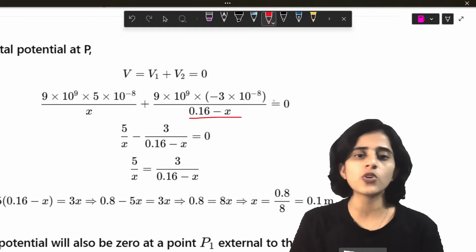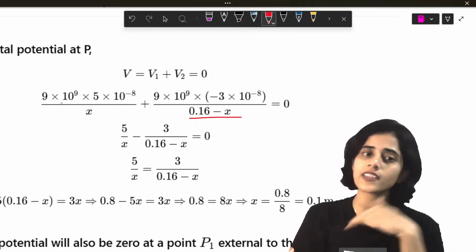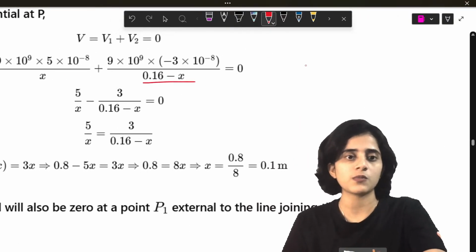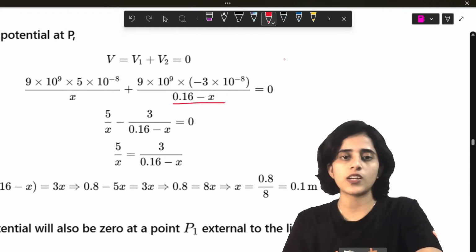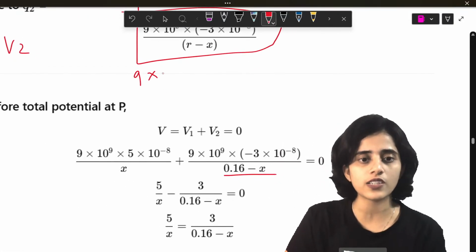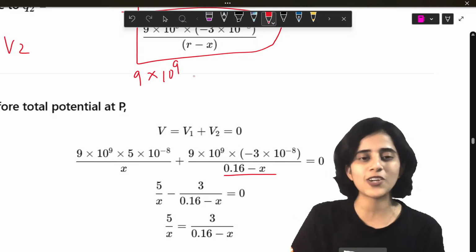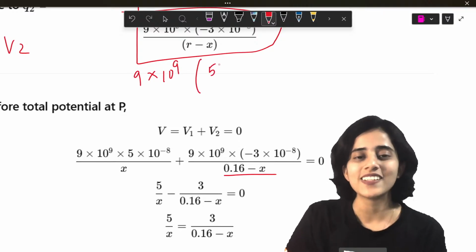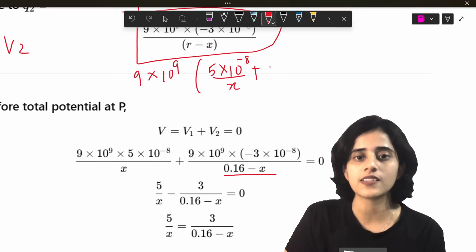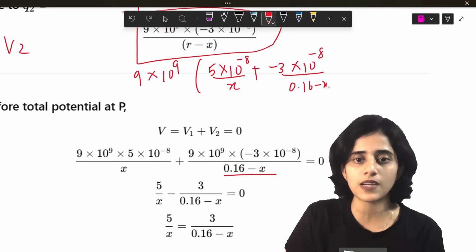Now, since this is equal to 0, I can take the common terms out and cancel them off. Some of you might be wondering how. I'll take all the common terms out. 9 into 10 raised to 9 is common. So, it's 5 into 10 raised to minus 8 by x plus minus 3 into 10 raised to minus 8, the whole divided by 0.16 minus x.